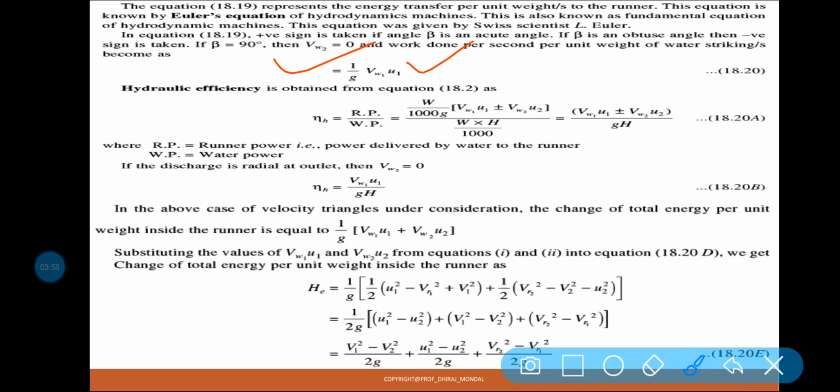This kind of case you get in the Francis turbine. That means the flow leaves radially, towards the radius, and that is why beta is 90 degrees.